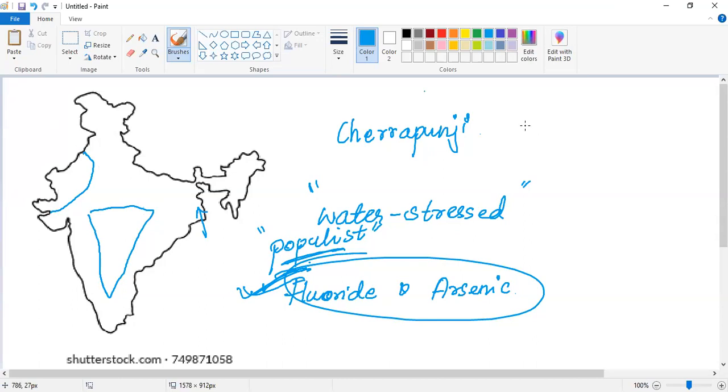Take down traditional water management practices like creating johads, JOHAD, johads of Rajasthan. Maybe in the bracket you can write Rajasthan. Johads, Rajasthan. I will explain, but just now write it. Johads, Rajasthan. Zing of Ladakh.